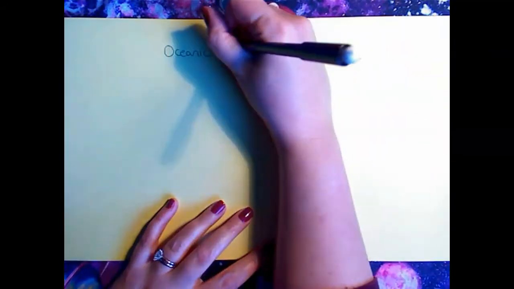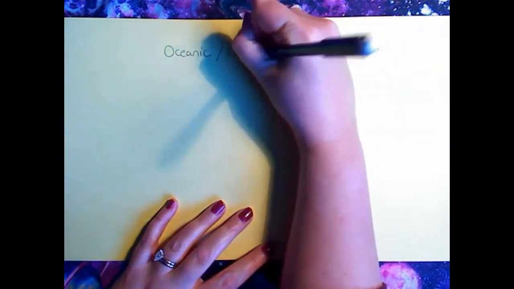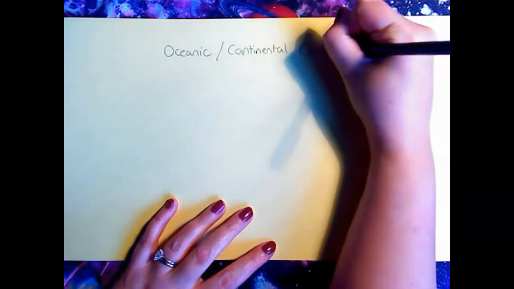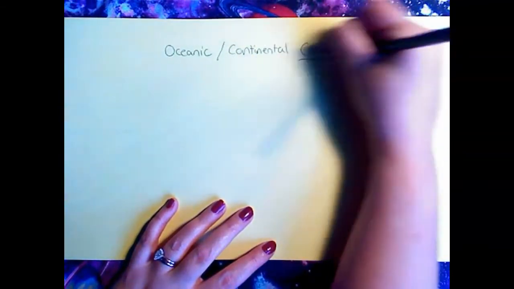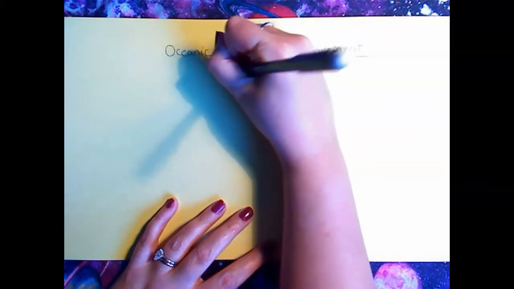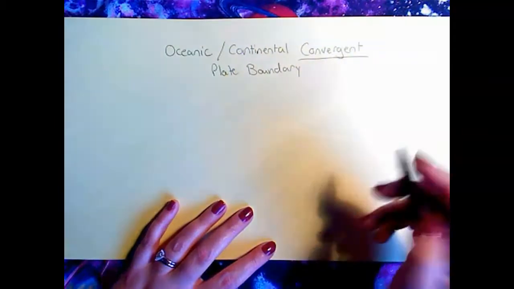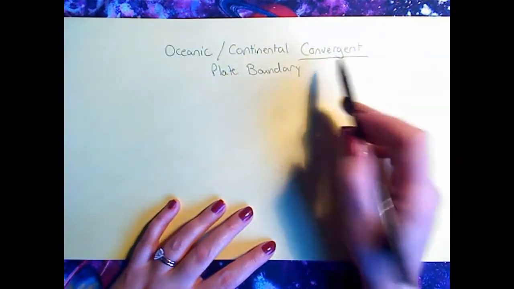So the first one that we want to talk about is what happens when an oceanic plate collides with a continental one. So again, the word convergent means coming together.